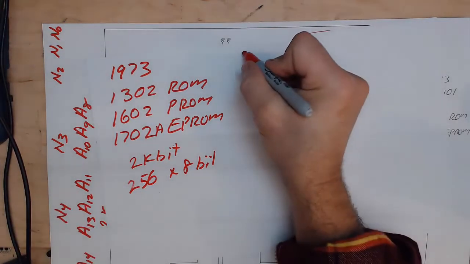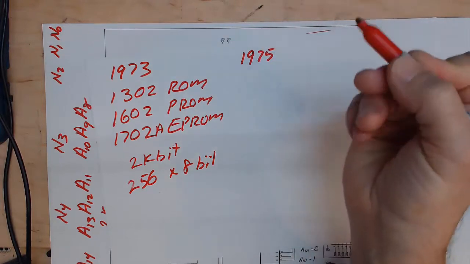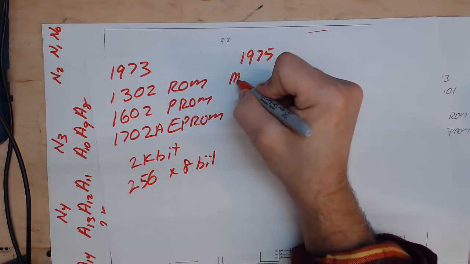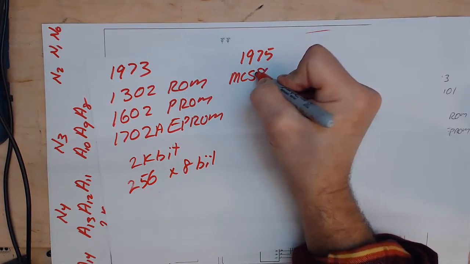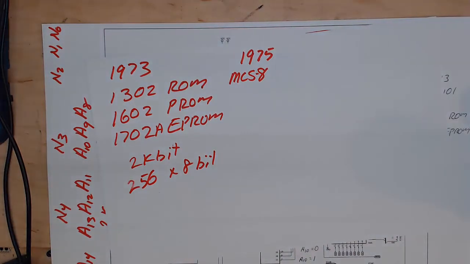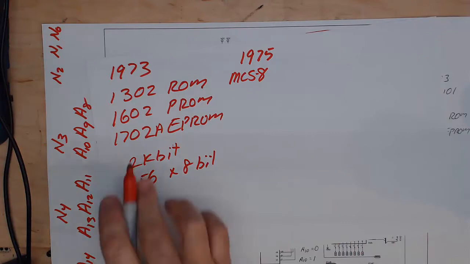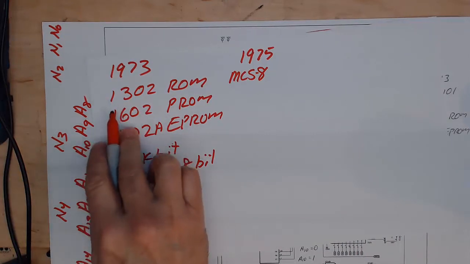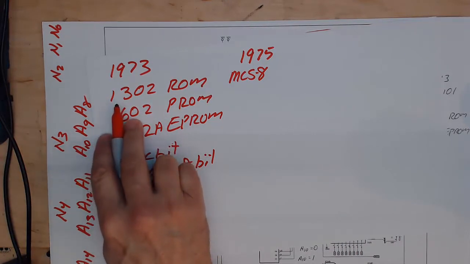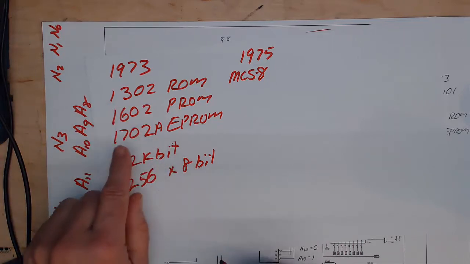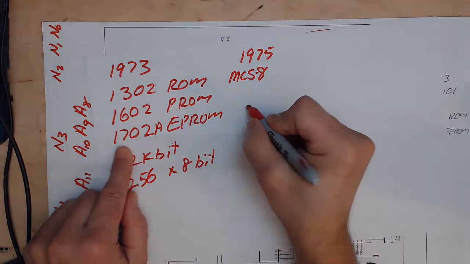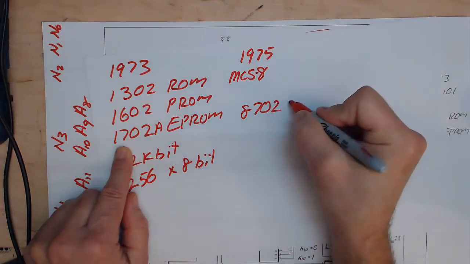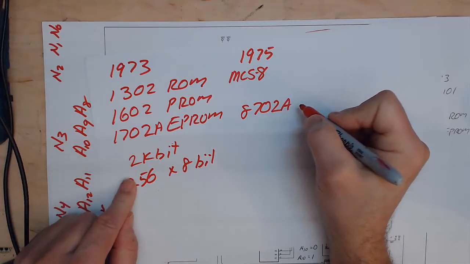Now in 1975, there was a branding effort, and Intel came out with the MCS 8 collection. This was like the 8008 and all of the chips that went together to support the 8008. And they decided to rebrand these with, instead of a 1 in the beginning, an 8 in the beginning. So the 1702, for example, became an 8702A EPROM.